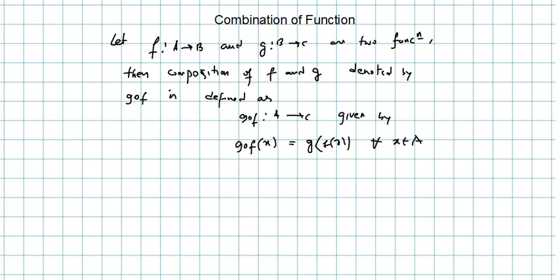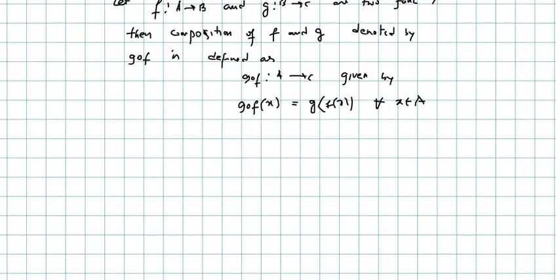So what this means is that we are finding, consider this example, this box A, which is our x. This gives input to another machine or box, which is f of x. So this is the input.